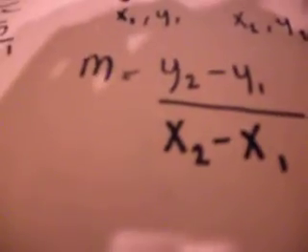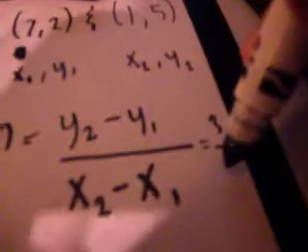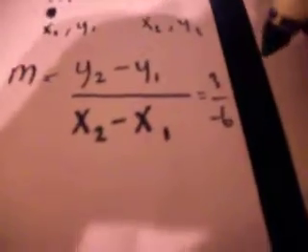So y sub 2 is 5 minus y sub 1, which is 2, so that'll give you 3 on the top, and x sub 2 is 1 minus x sub 1, which is 7, so that is negative 6.